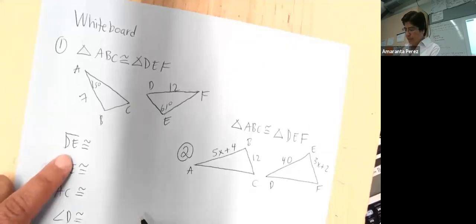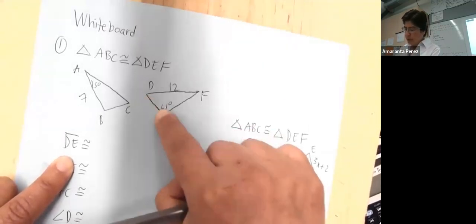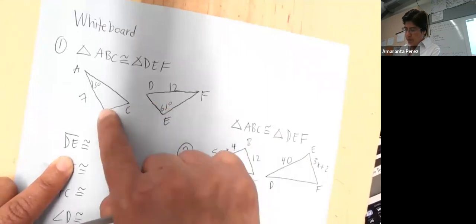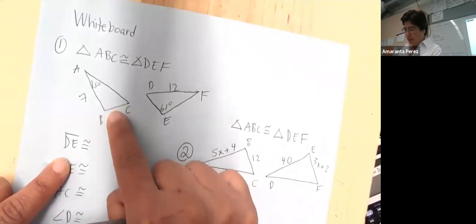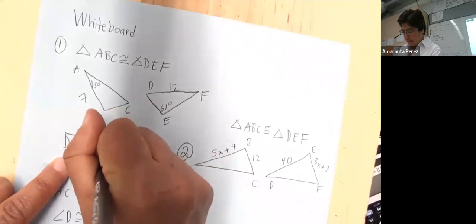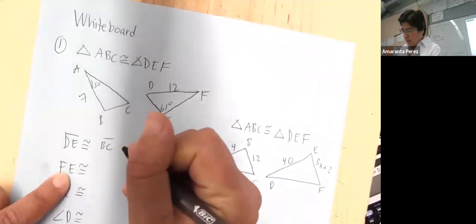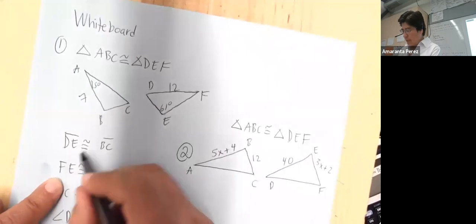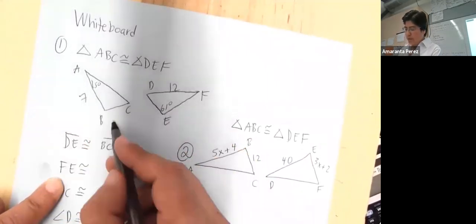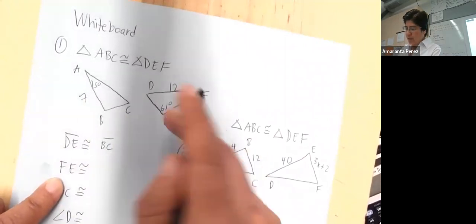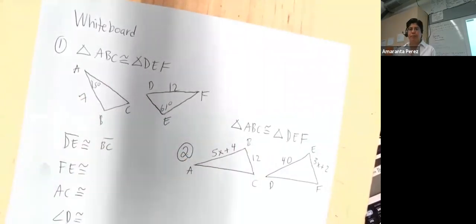So DE, if you notice over here, is the smaller side, which corresponds to the smaller side here. So this side is gonna be BC. FE is this side. So see if you can figure out what this side on this triangle is.